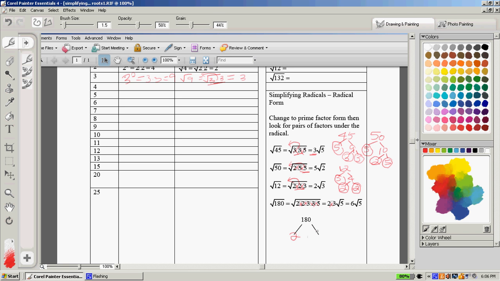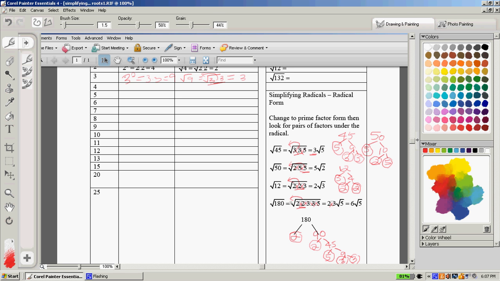Let's do an example. 180 breaks into 2 and 90. 90 can be broken into 2 and 45. 45 can be broken down into 5 and 9. 9 can be broken down into 3 and 3. 2 is the simplest, so I'm going to circle that. 5 can't be broken down anymore, so I'm going to go ahead and circle that, and neither can these 3's. And then if you go here, you'll see that they are all underneath the radical right here.